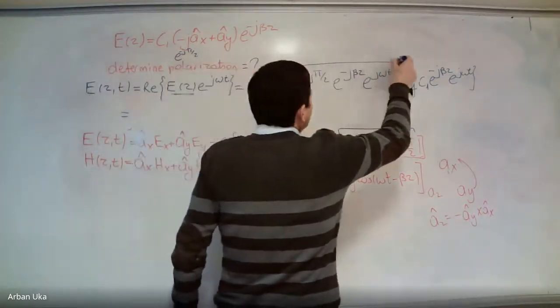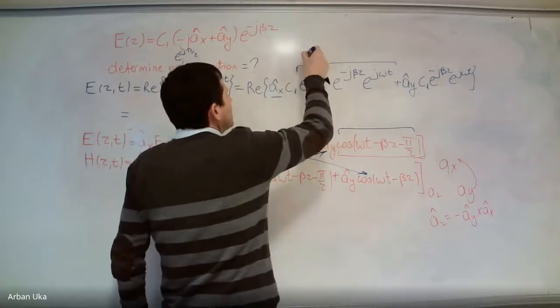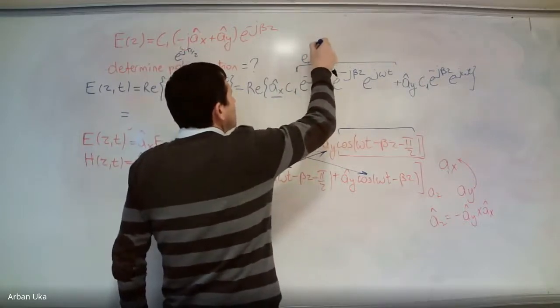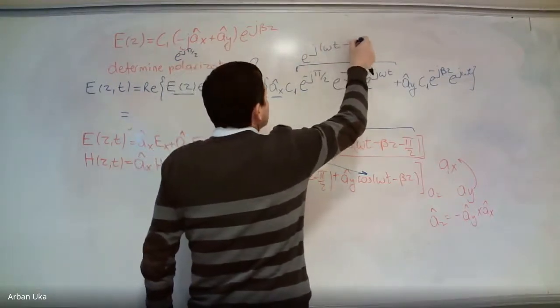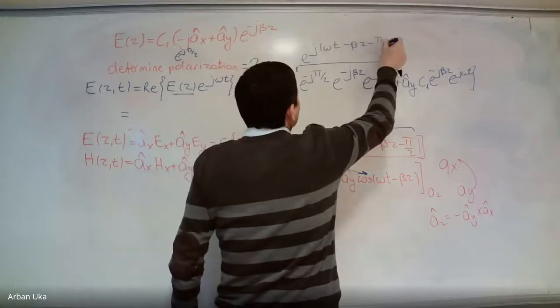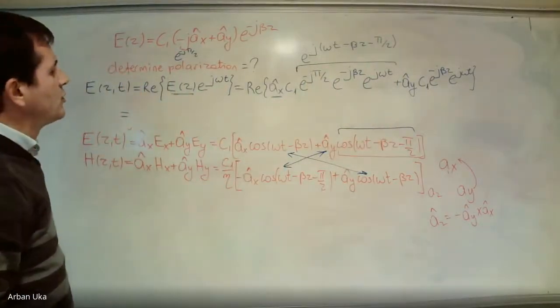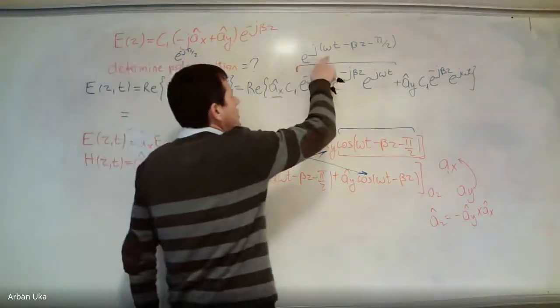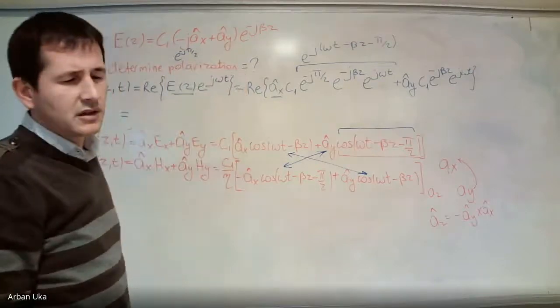Now here, if you use this component EX, this is an expression which will be like this, e to the power j omega t minus beta z minus pi over 2, right? So this one, it is pretty obvious. And we know that the real part of e to the power j is equal to the cosine of the same argument, of the same angle, okay?